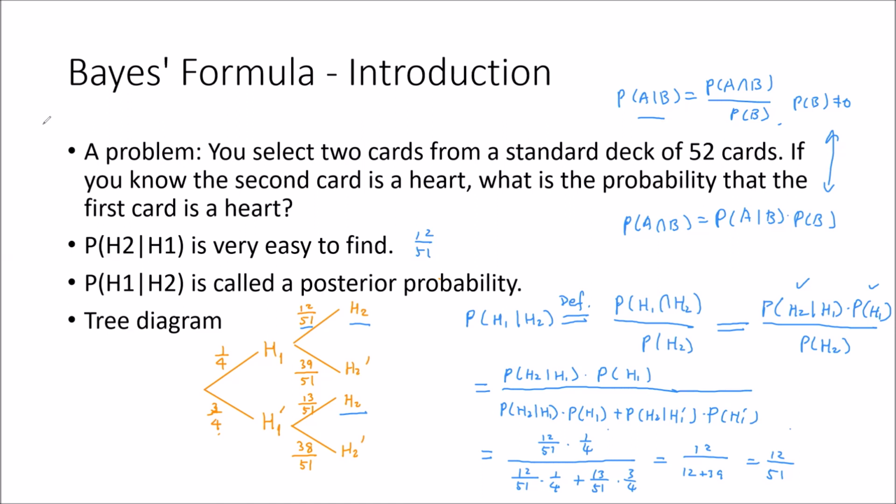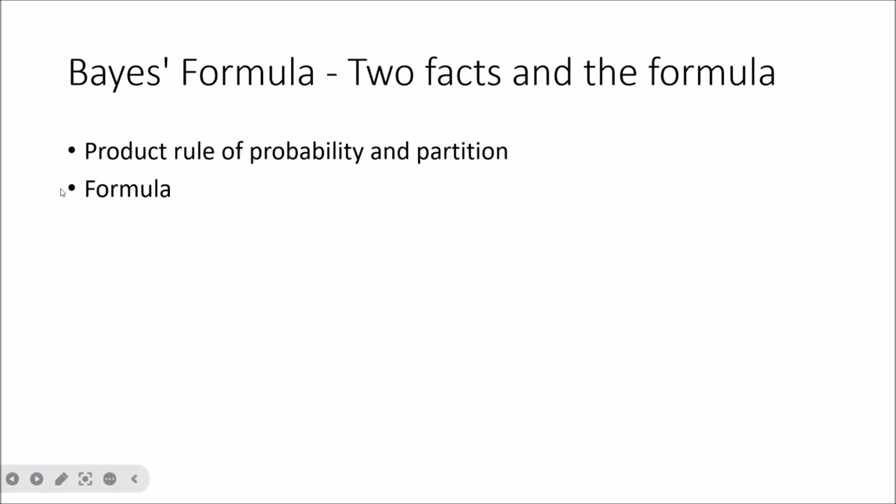All right, so let's work with the formula. Before I give the formula, I wanted to talk about the partition. So in the first slide, the probability of H2 equals the probability of H2 intersect with H1 plus the probability of H2 intersected with H1 prime.